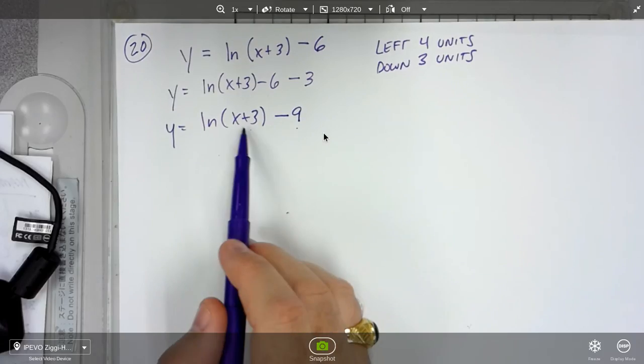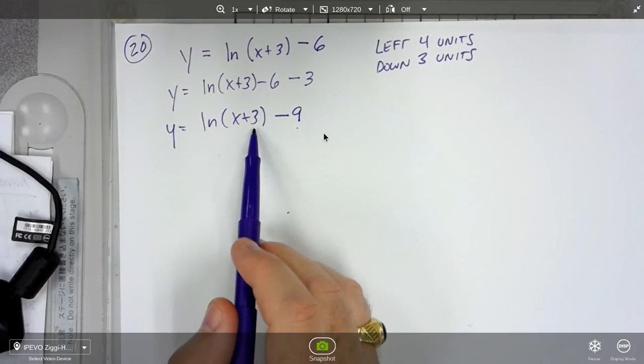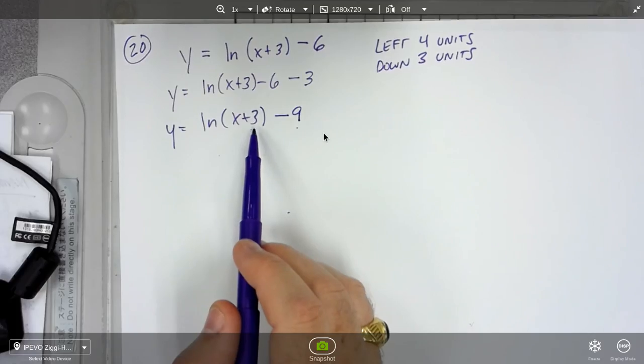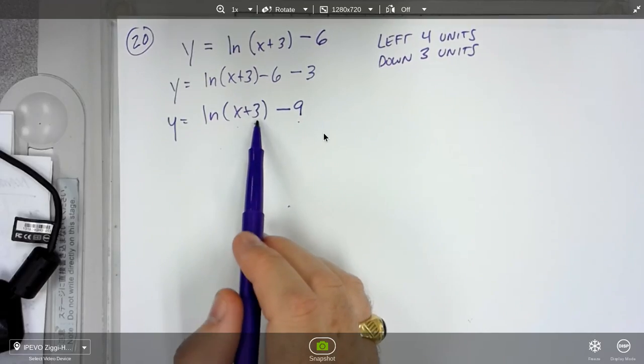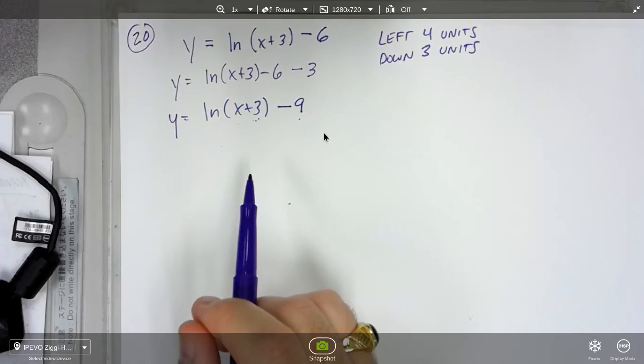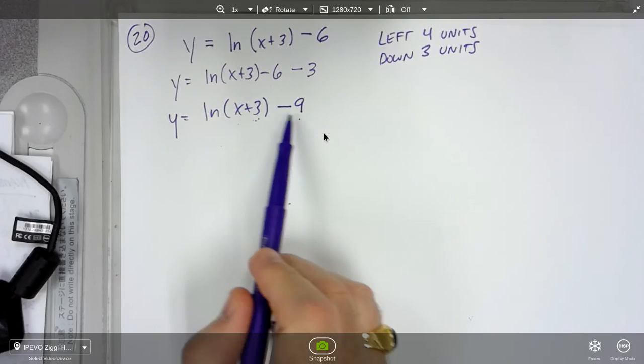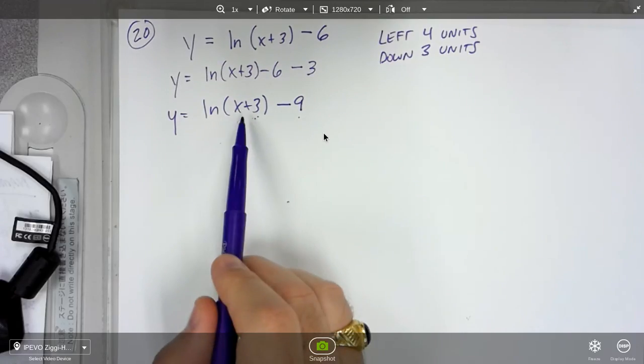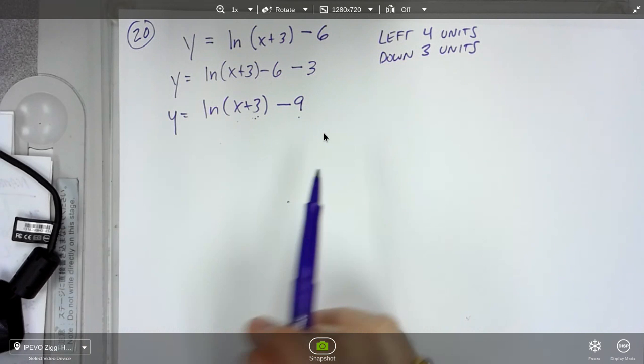But your horizontal shift, if I'm adding a constant, I'm actually going to the left. So it's opposite of what you think. If I'm subtracting 3, I'd be moving to the right. Okay? So unlike the vertical shift, the horizontal shift behaves exactly opposite of what you think.